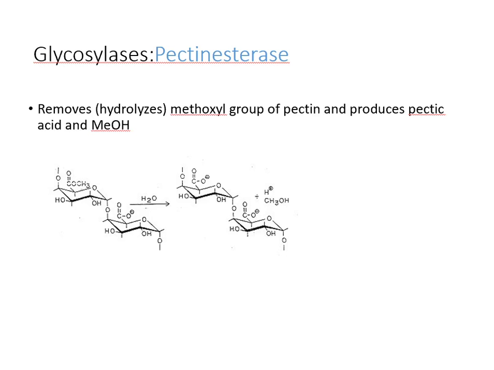So pectin esterase catalyzes the deesterification of pectin into pectate and methanol or pectic acid. So they hydrolyze the methoxyl group of pectin.